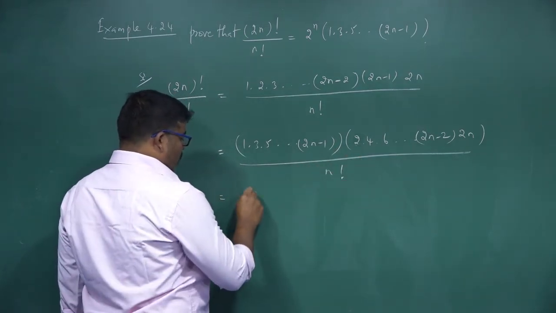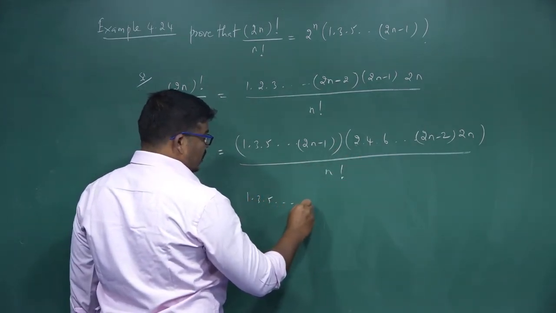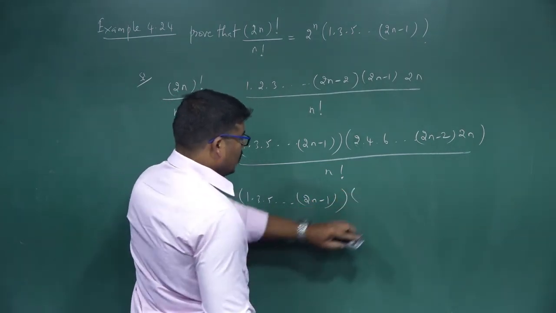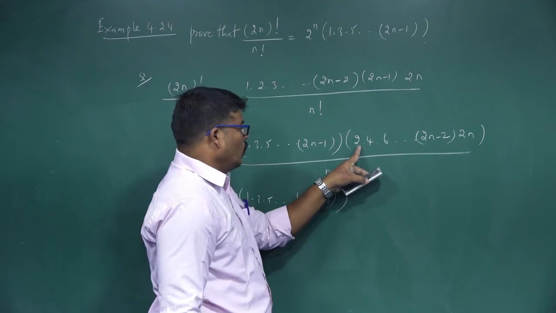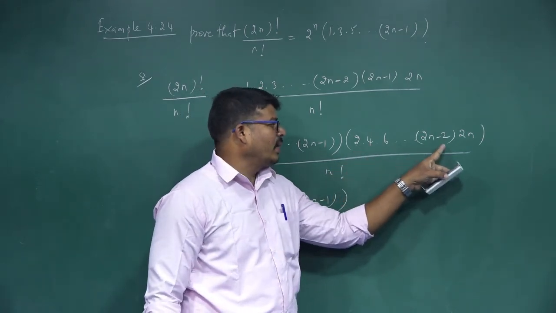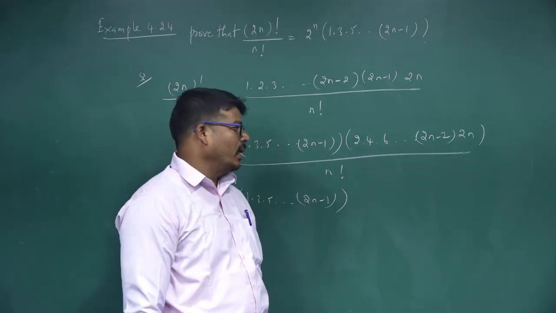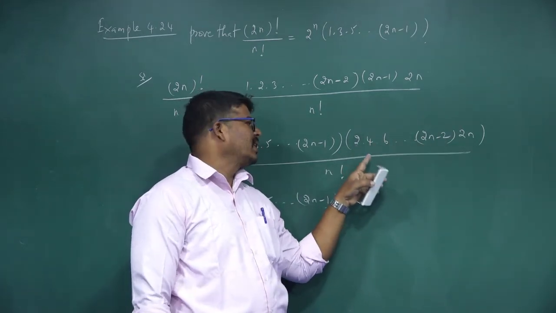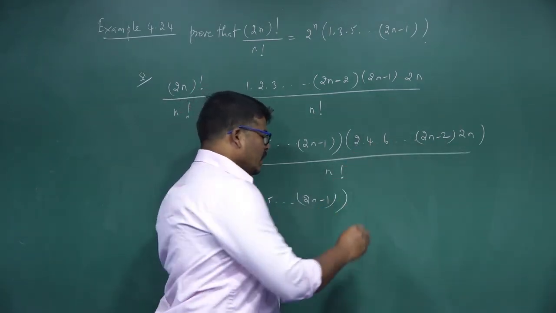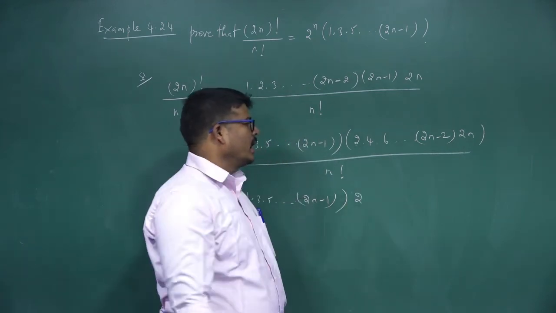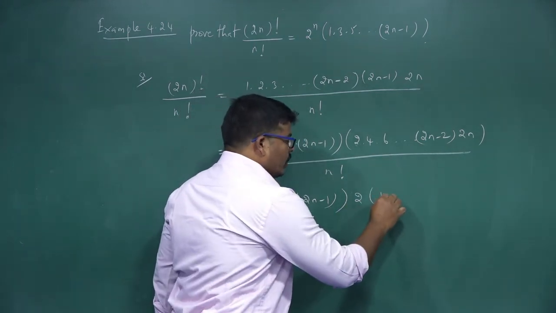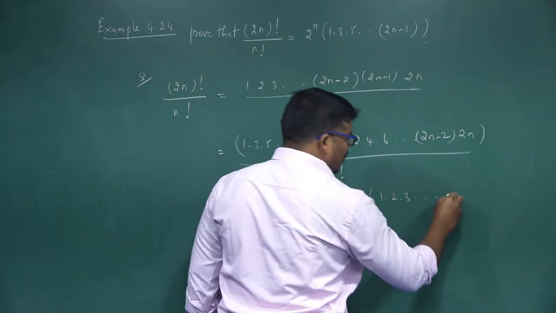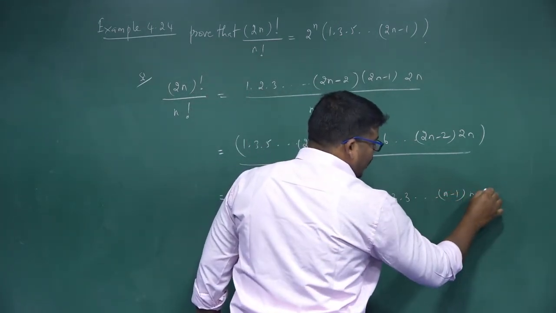The next one, write 1, 3, 5 and so on up to 2n minus 1, into 2, 4, 6 and so on up to 2n minus 2 into 2n. Taking 2 common outside, the remaining is 1, 2, 3 and so on up to n minus 1 into n.